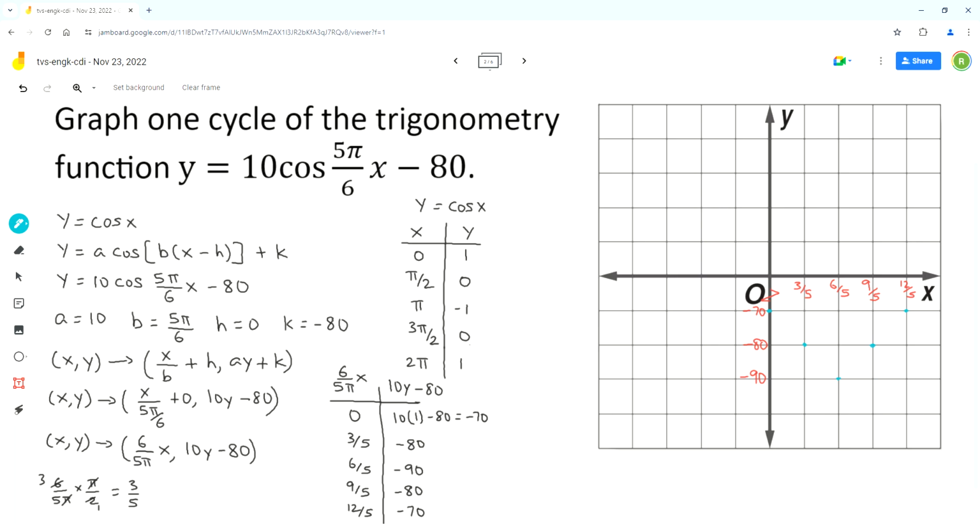Now we have to join these points. The graph should look like a wave because it's a cos function. So this can be the graph of this given transform function.